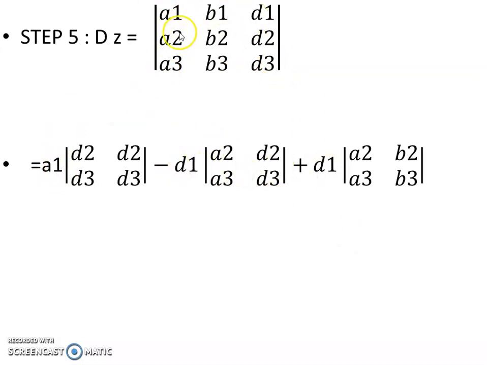We skip the first row and first column, that is B2 D2 B3 D3. Then for the next one, a2 d2 a3 d3, and for the first row and last column, a2 b2 a3 b3.